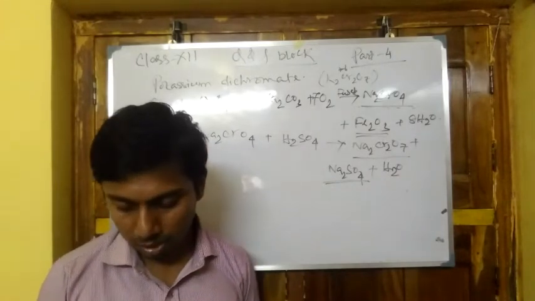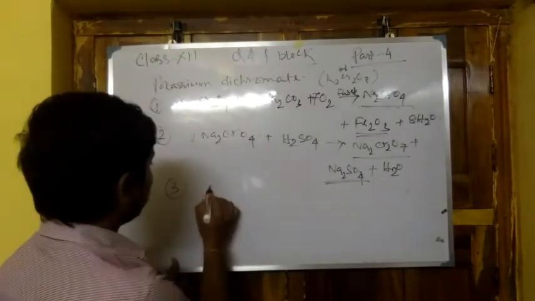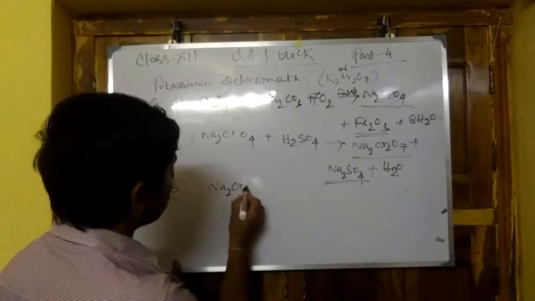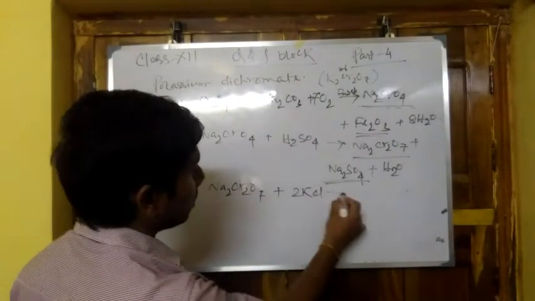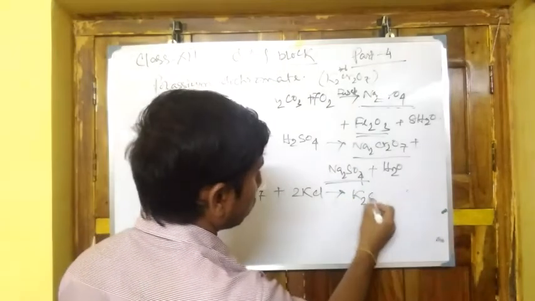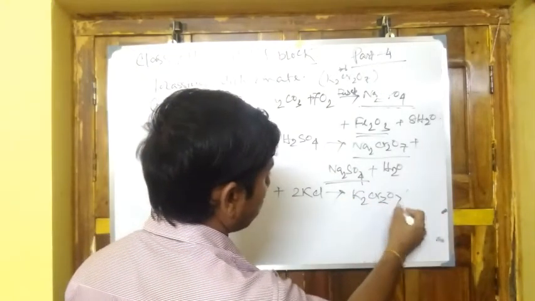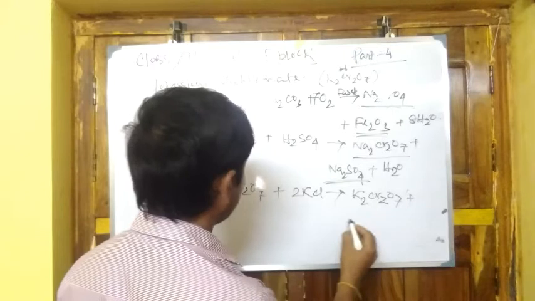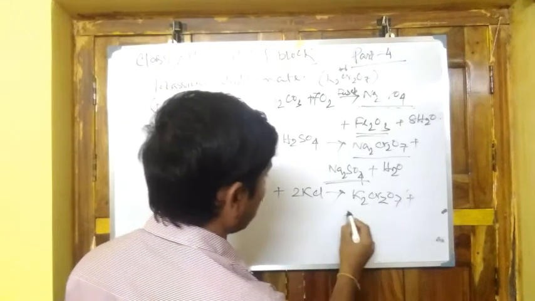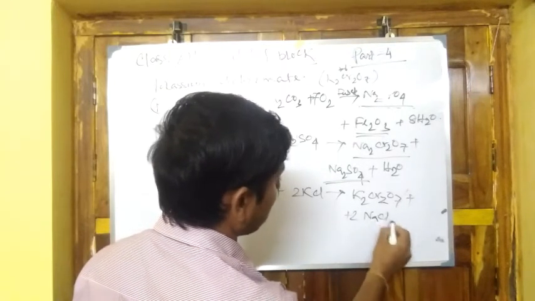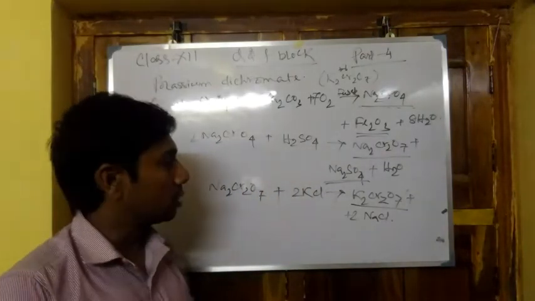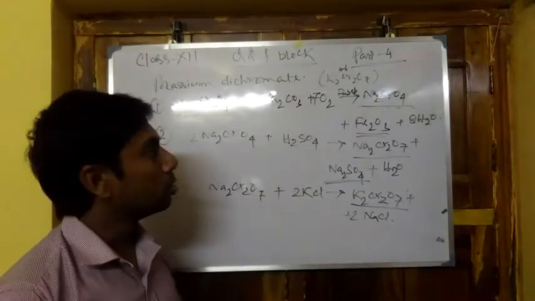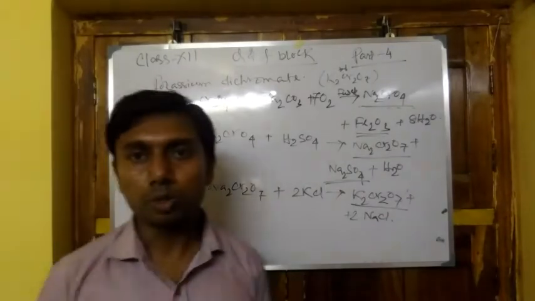The reaction is Na2Cr2O7 plus 2KCl forming K2Cr2O7 plus 2NaCl, and it comes as orange red crystals of potassium dichromate. So this is the preparation of potassium dichromate.